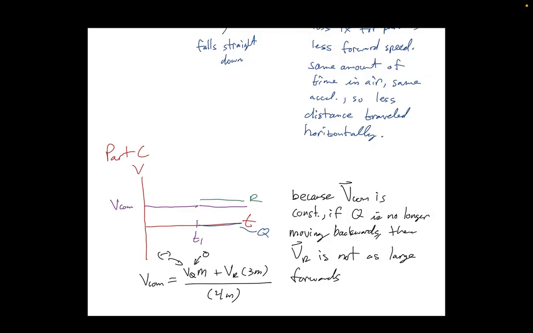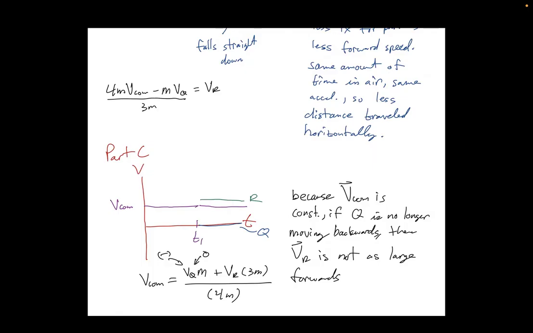In fact, you can actually derive this out. We could say 4m times the velocity of the center of mass minus m times the velocity of Q is equal to 3m times the velocity of R.